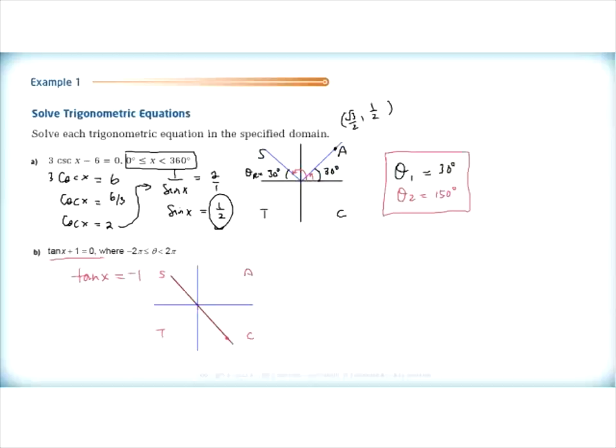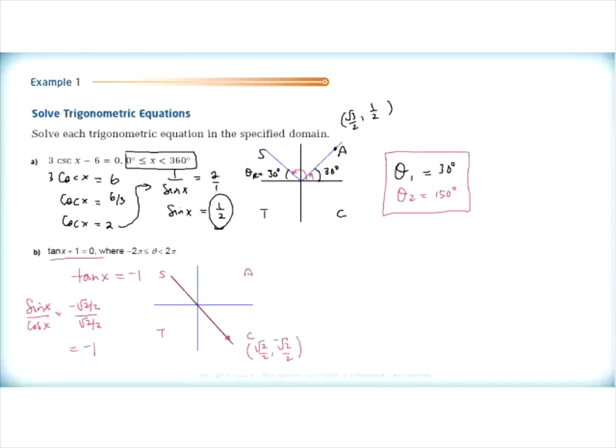And if you remember your special angles, we should remember that if I have the point √2 over 2 and negative √2 over 2, well in this quadrant of course x is positive, y is negative. You should recognize tan being sine x over cosine x. If I divide sine x by cosine x, I'll get negative √2 over 2 divided by √2 over 2, which is equal to negative 1.